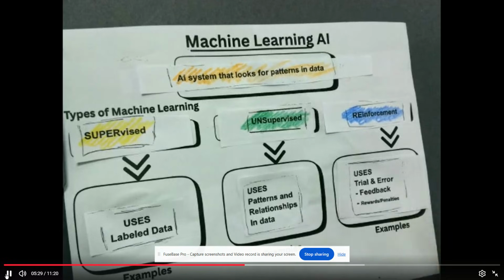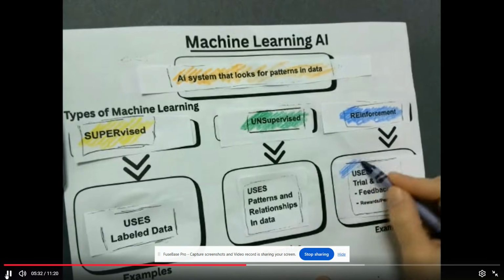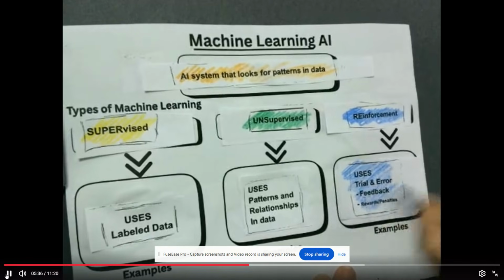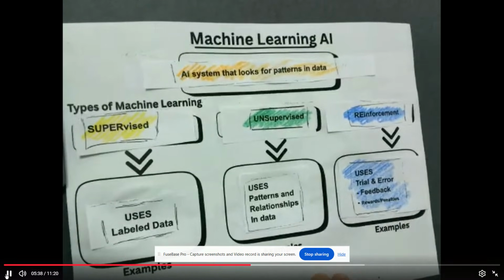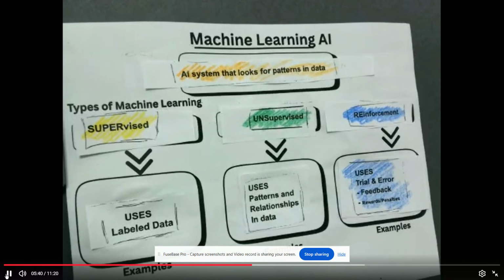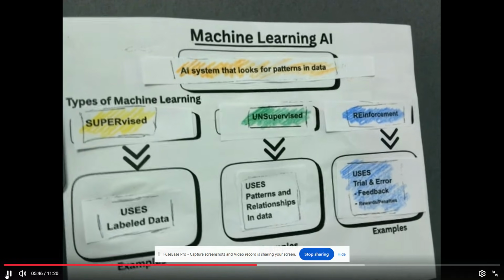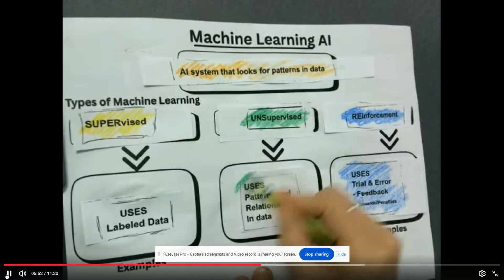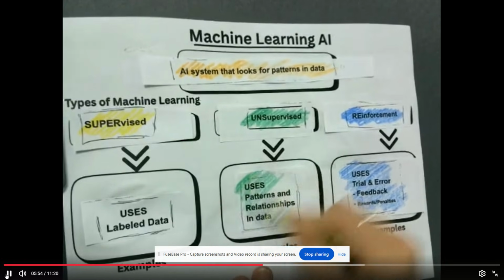No, it doesn't. So I put an X in a different box the next time. It keeps trying and learning from itself based on it trying, and if it gets the points or if it doesn't get the points. It would be trial and error. Each time it would try, and eventually, after enough trial and error, it will know the pattern to use. Okay, so that would be reinforcement based on trial and error.